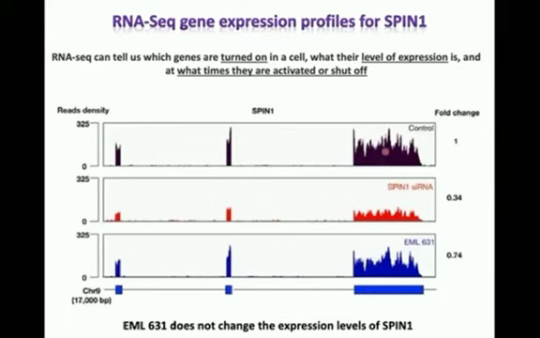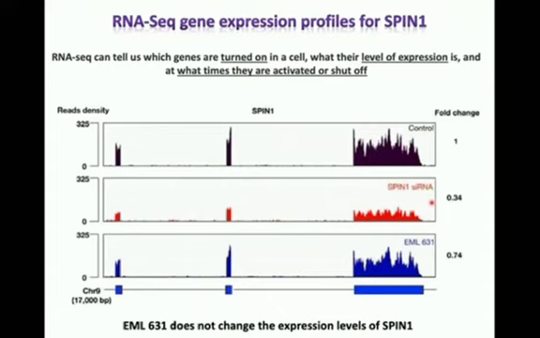It's normally expressed in untreated, while adding a Spin1 siRNA will decrease its expression. Adding EML631 also decreases its expression by around 25%, comparing with the fold change, okay? So that's not the experiment, that's a control experiment, all of it, okay?